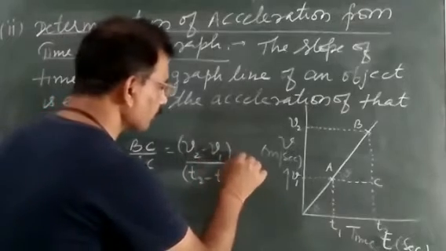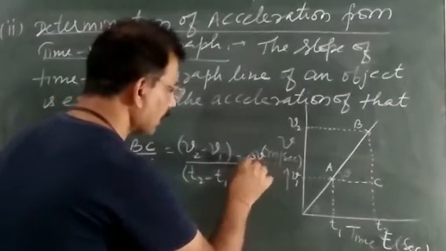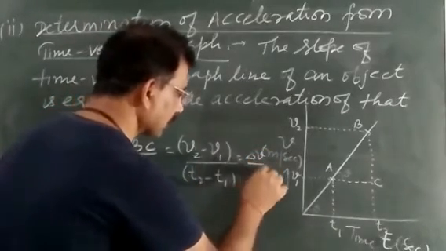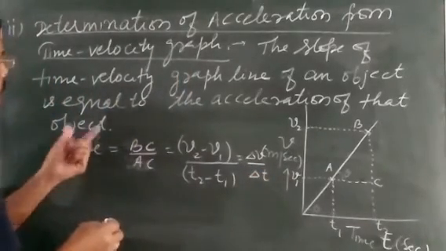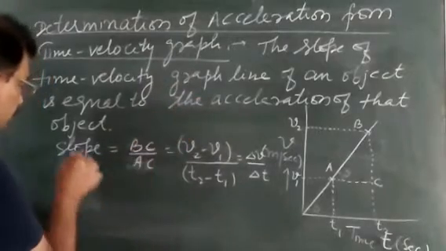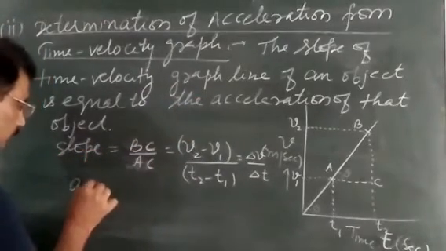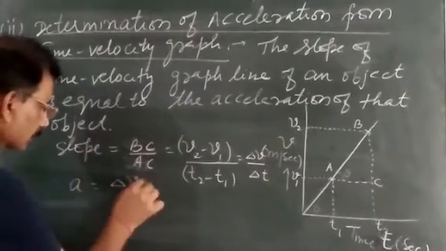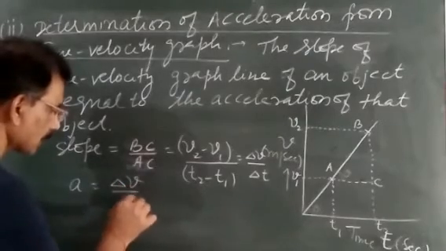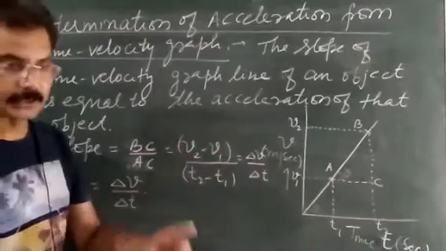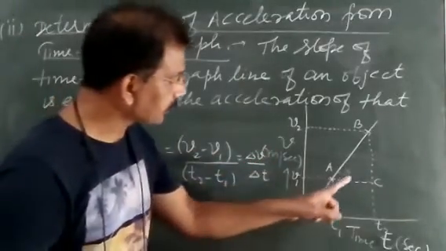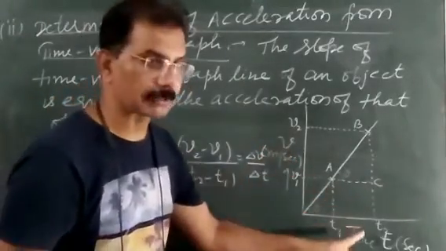And this V2 minus V1 you can write as delta V upon T2 minus T1, which is delta T. And the slope of the time velocity graph is called what here? Acceleration. So this acceleration a you can calculate as delta V upon delta T. In this way we can find the acceleration by calculating the slope of the velocity time graph line.